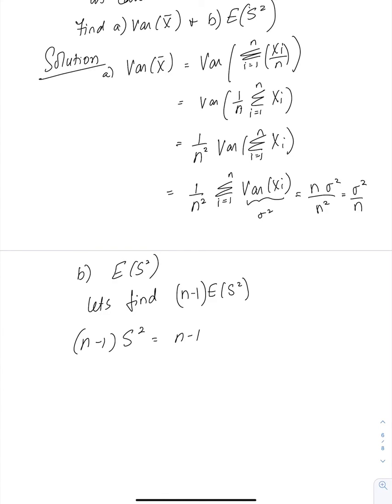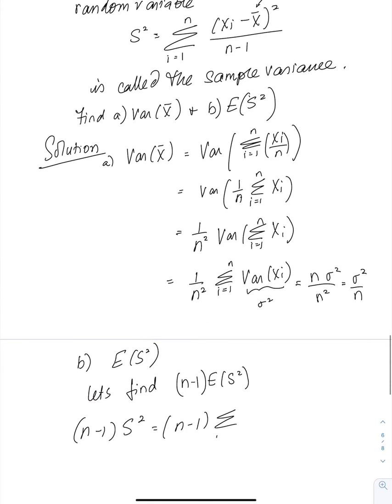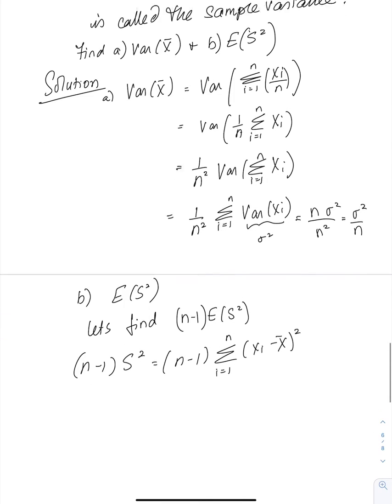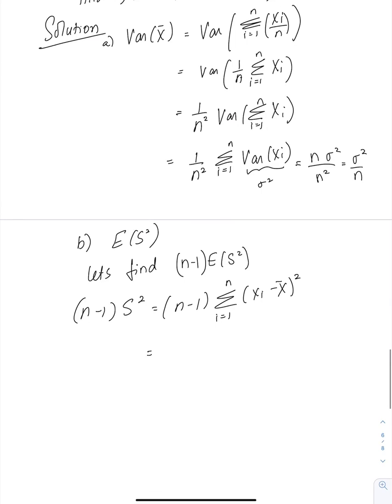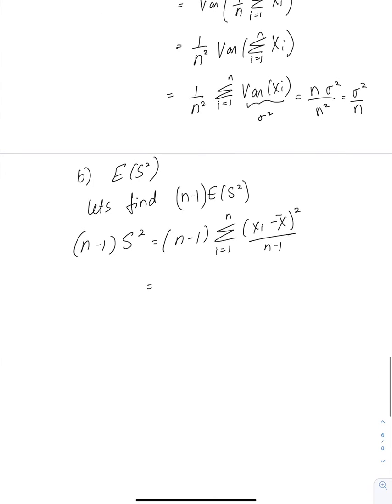It is n minus 1 times the sum, i going from 1 through n, of xi minus x bar whole squared, and there's an n minus 1 here as well, and that's why we didn't want to deal with that. You can pull that n minus 1 out of the summation and it'll cancel with this. So we have the sum of xi minus x bar squared.